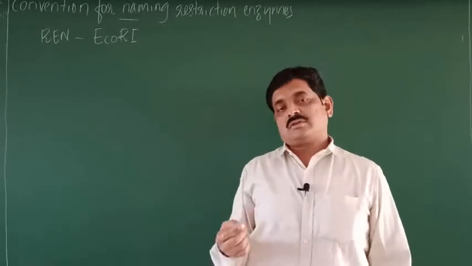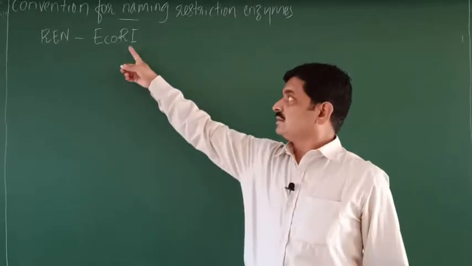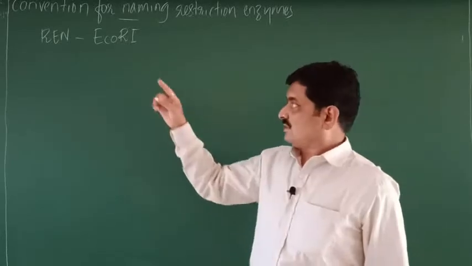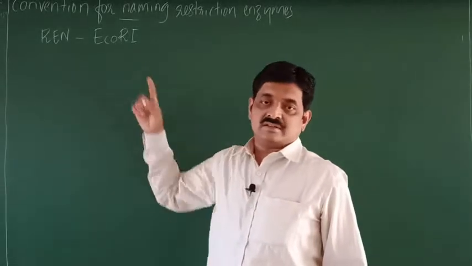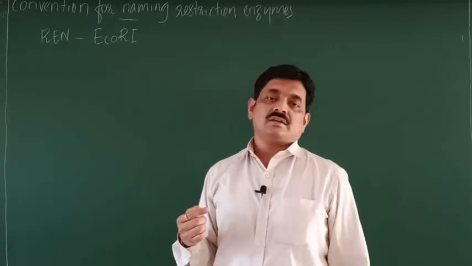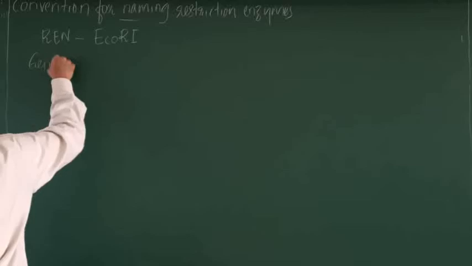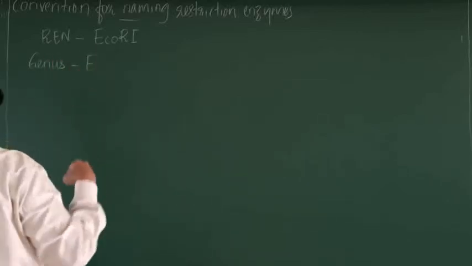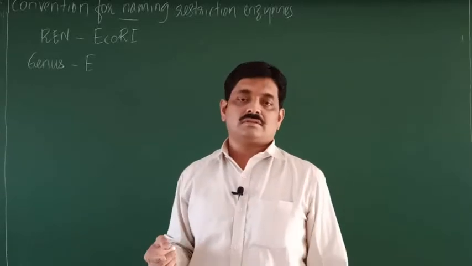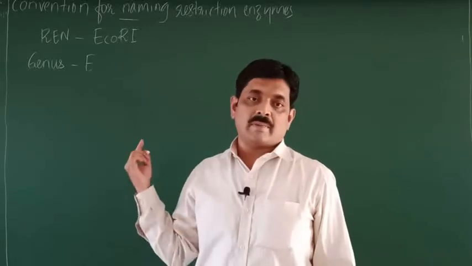So what is the convention that is used for naming this particular enzyme? Here the first letter, that is capital E. Now this capital E is the genus. Capital E is the genus of this bacterium, or the generic name of this bacterium.